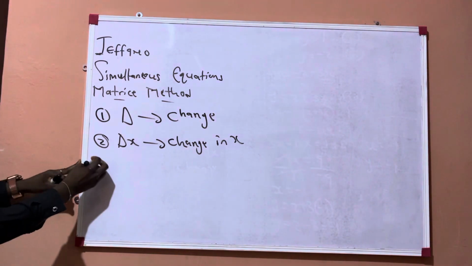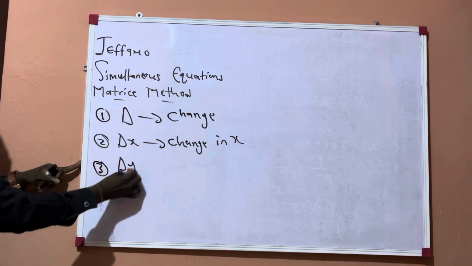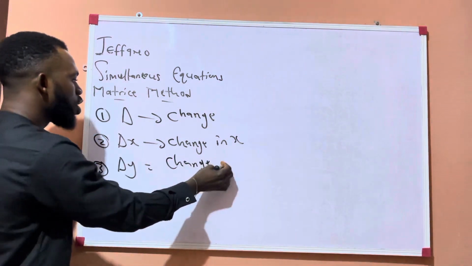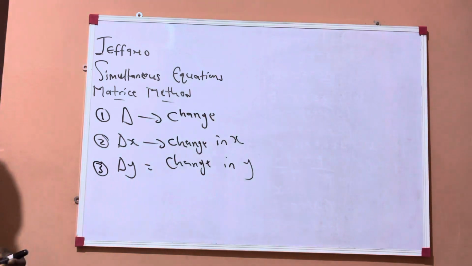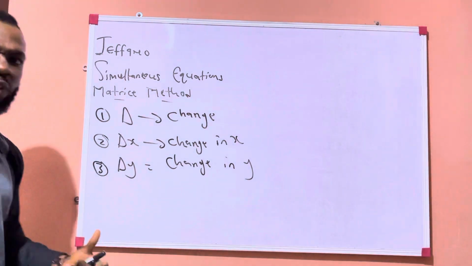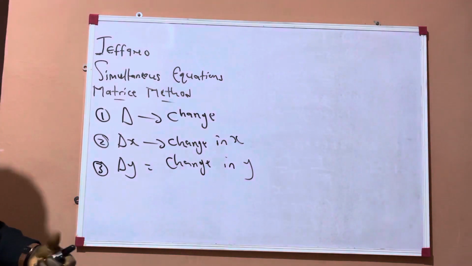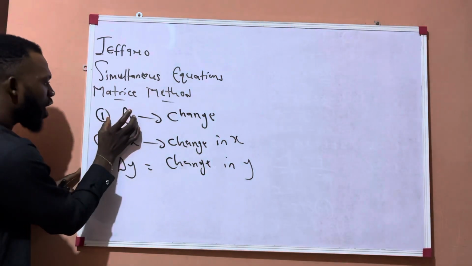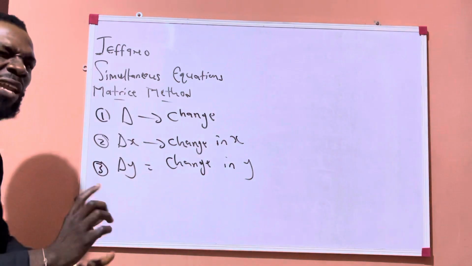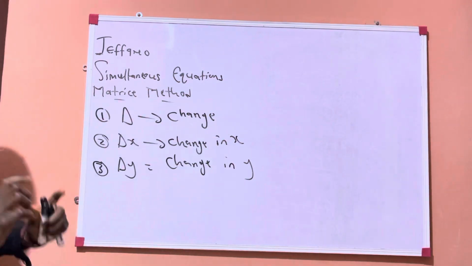Now, after change in x, the next thing you look for is change in y. Also, replace the coefficients of y with your constants and solve the determinant. Now, once you are able to get your change in x and your change in y, for you to be able to get the value of x and y, it has a formula.